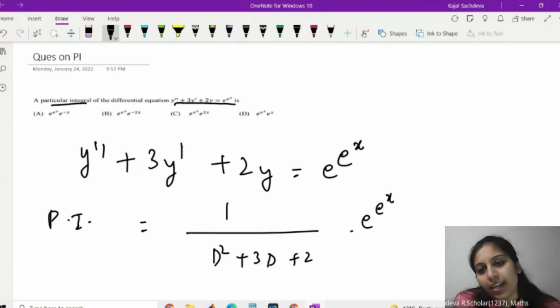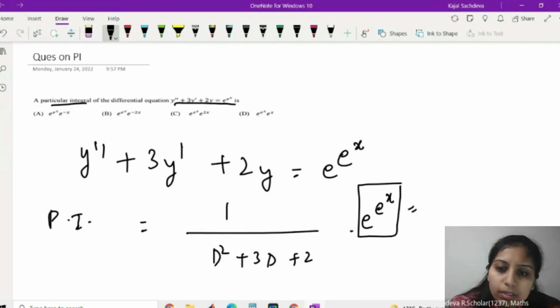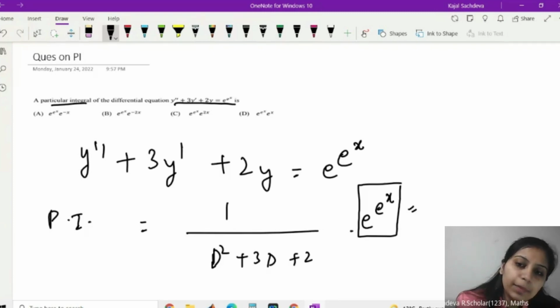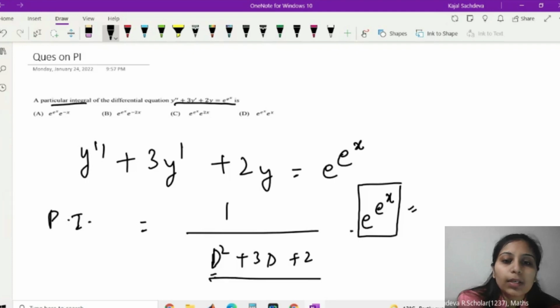So can anyone tell, did we apply any case to this type of equation? Have we done this type of case? Ma'am, take e to the power x equal to t. Okay, then how will you solve that? Here f of D should be replaced by something.